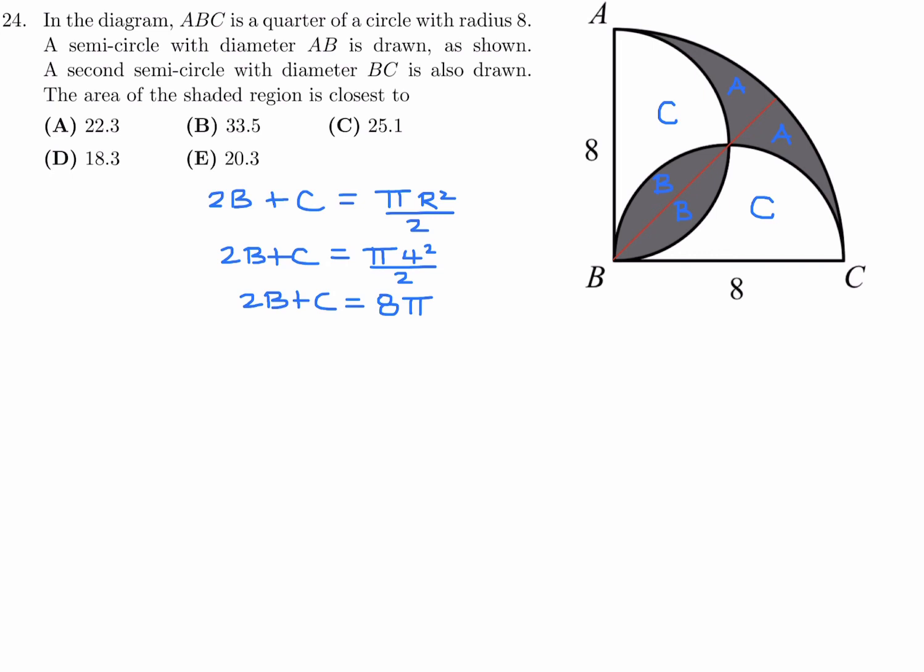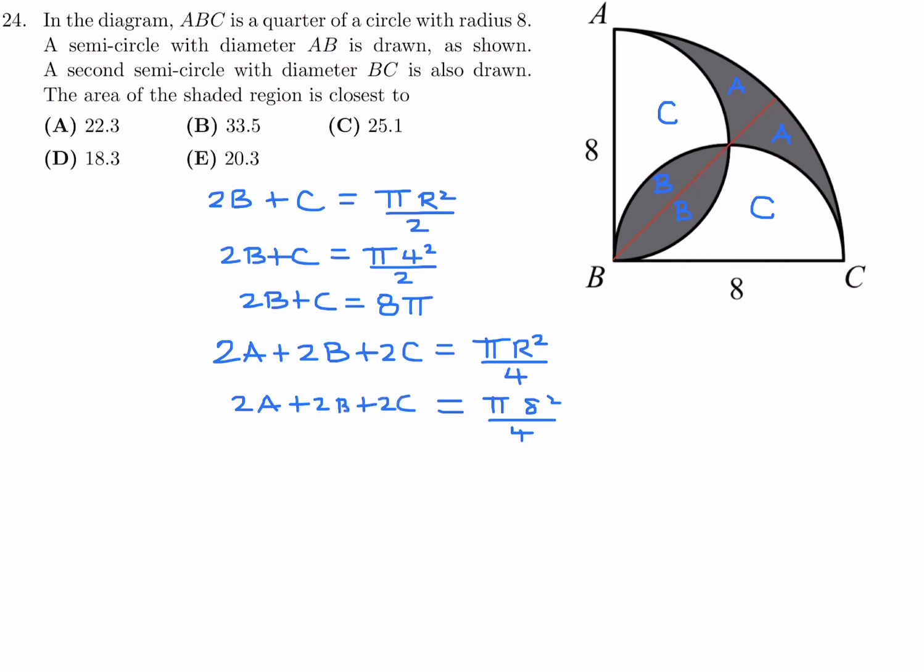Another equation is all the letters, everything. 2a plus 2b plus 2c equal pi r squared divided by 4, because that's a quarter of a circle. In this case, the radius is from there to there, so that's 8. So it would be pi times 8 squared divided by 4, and that is 2a plus 2b plus 2c.